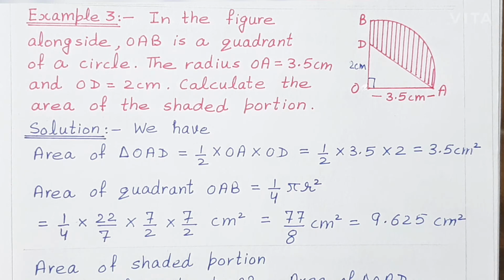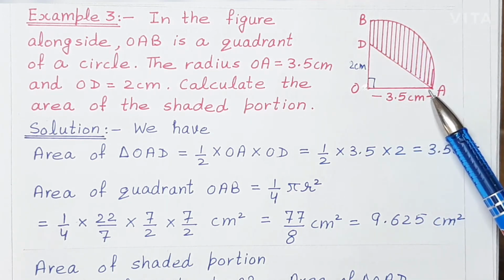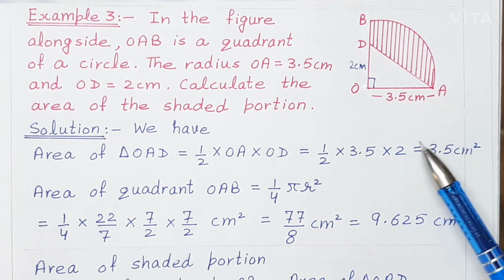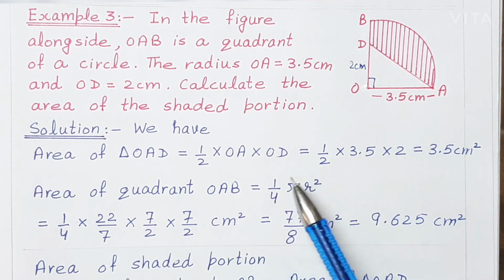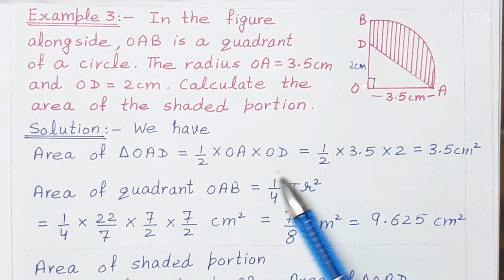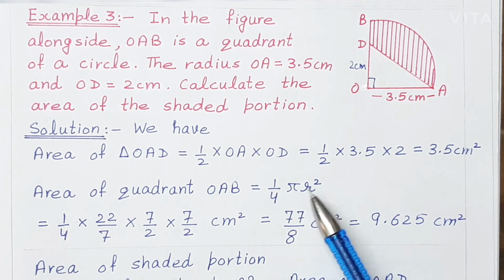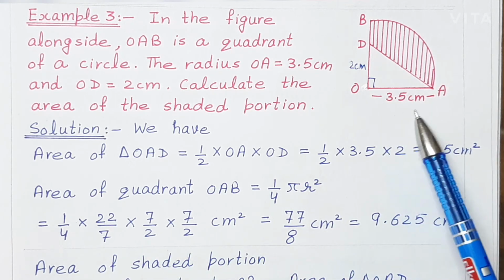Now let us find the area of a quadrant. Now what is the area of a quadrant? Yes, it is 1 upon 4 pi r square. That is 1/4 of a circle. So here pi is 22 upon 7 and radius, children, it is given 3.5.